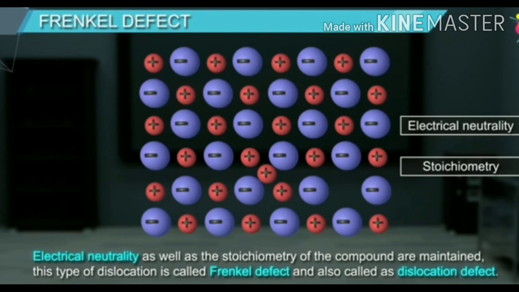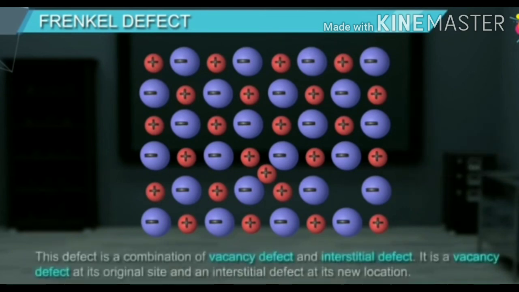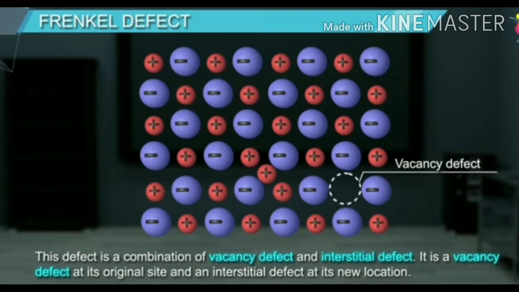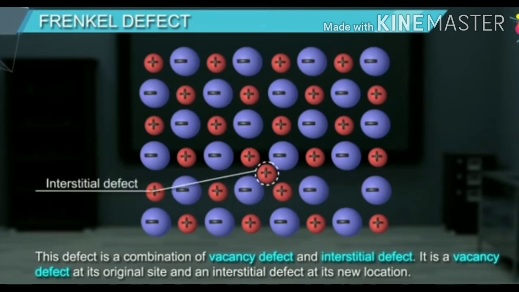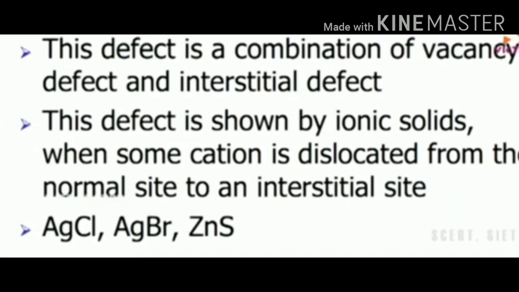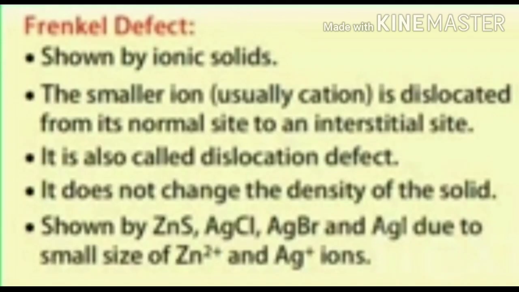This defect is a combination of vacancy defect and interstitial defect because it creates a vacancy defect at its original site and an interstitial defect at its new location. Examples for Frenkel defects are AgCl, AgBr, AgI and ZnS due to the small size of Ag+ and Zn2+ ions. So stoichiometric defects are over.